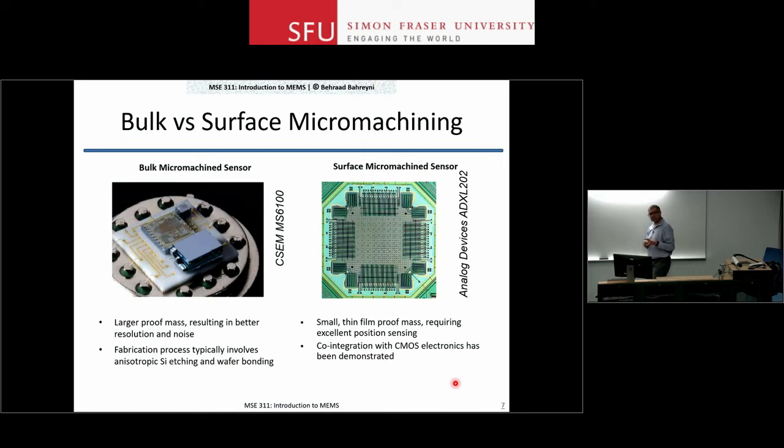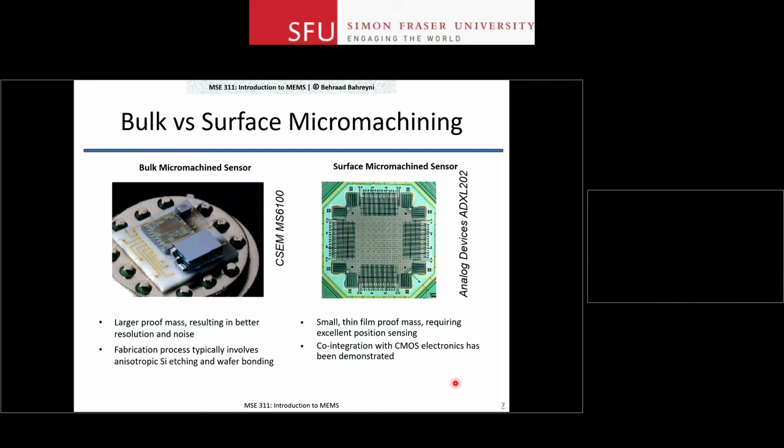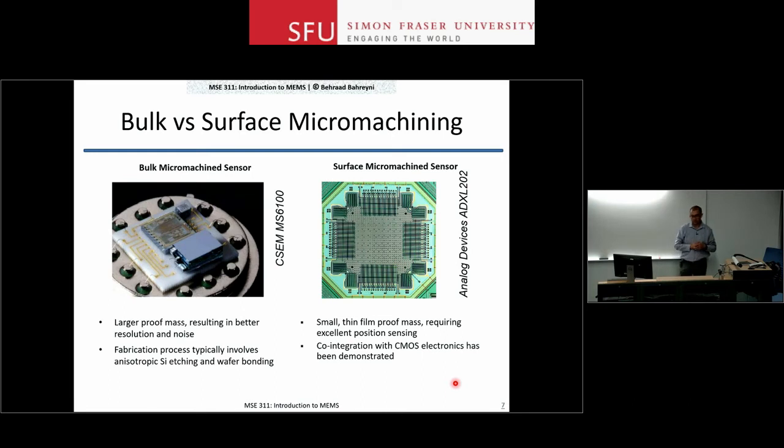On the surface micromachining side, you don't have such thick structural layers, and therefore, yes, you still use DRIE, but it's only for 5 microns of polysilicon versus, let's say, 200 microns of crystalline silicon. But what you gain on this side is that the process may be a bit easier for the etching of the materials, but also you have the possibility of integration with electronics.